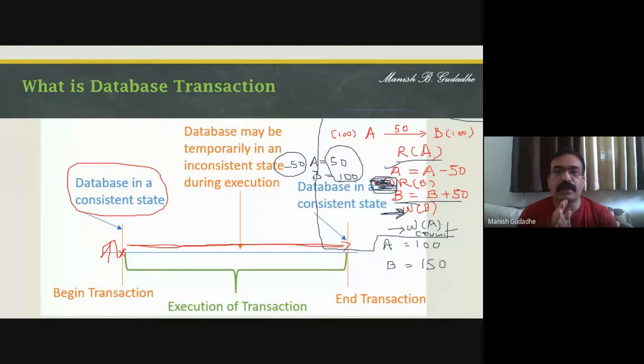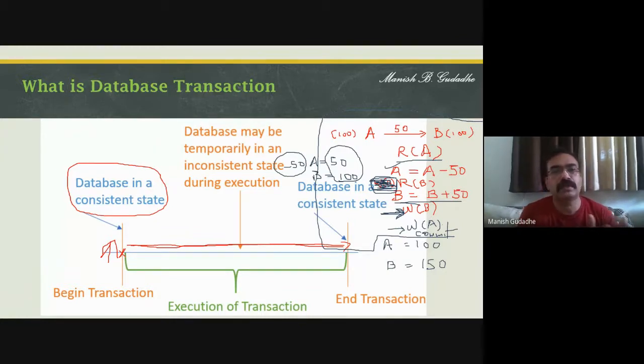Okay, and unless until we hit a commit statement, the temporary changes or intermediate changes made by that transaction will not be reflected to the database. Okay, once commit is there, all the changes will be reflected and the database will come from one consistent state to another.